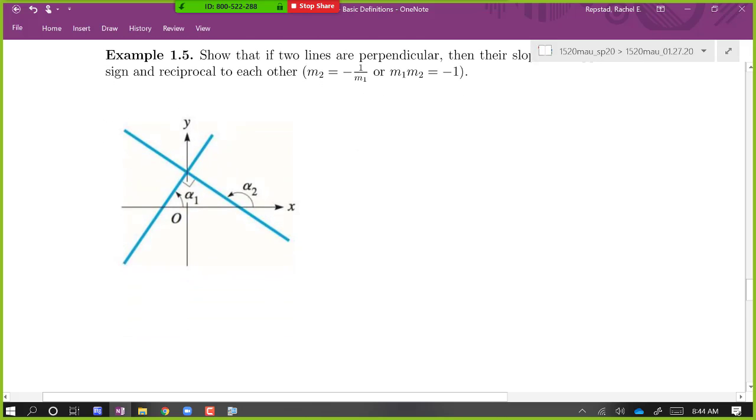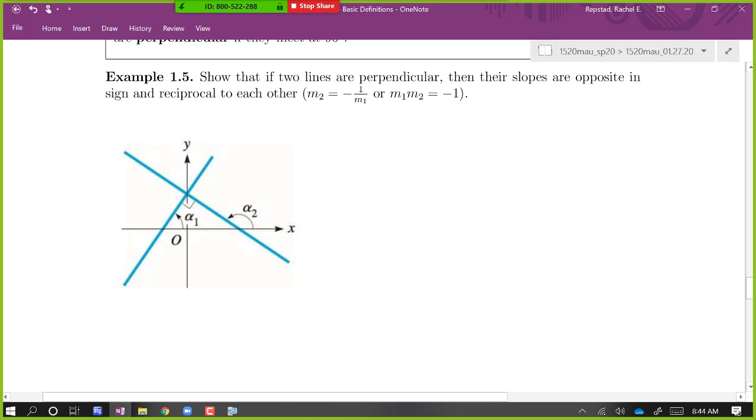So I've got this figure here. We have two perpendicular lines, and our geometric interpretation is that they meet at 90 degrees. I've written down their inclinations, alpha 1 and alpha 2. We're going to show that their slopes are opposite and reciprocal.